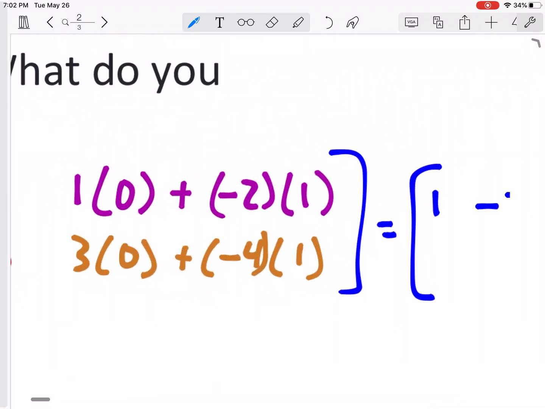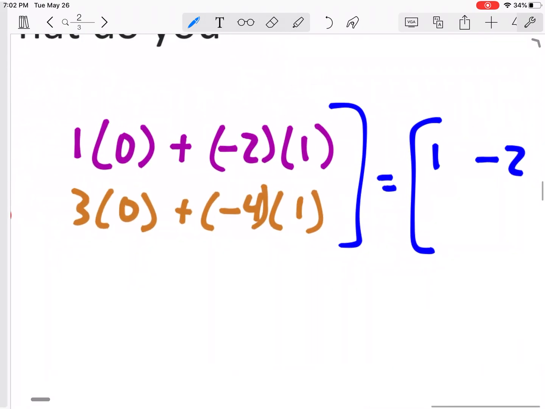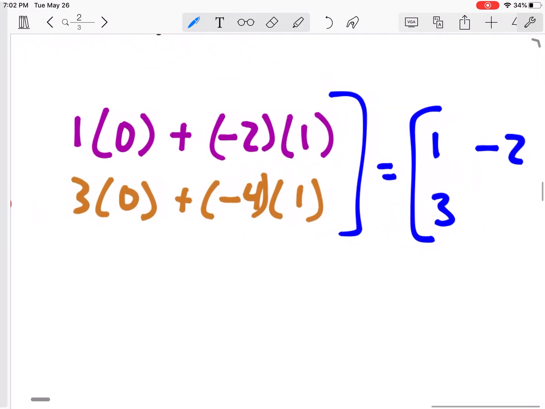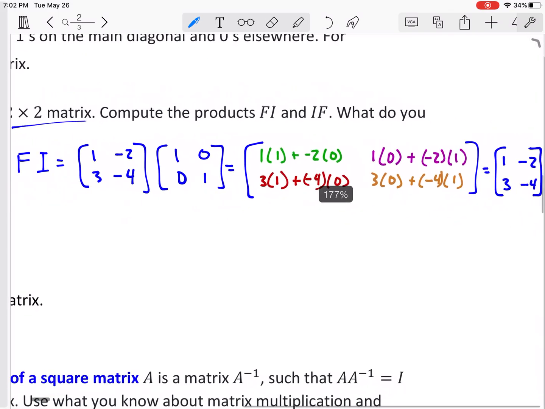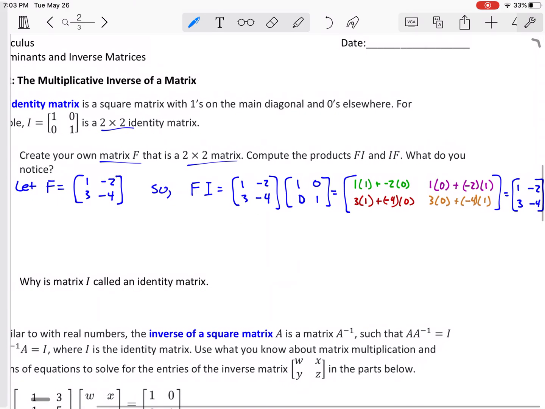That's right. 3 times 1 plus negative 4 times 0, it's 3. 3 times 0 is 0, plus negative 4 times 1 is negative 4. Hey, that looks pretty familiar. Hopefully you saw the same idea. Did this change? No, it's identical. After multiplying by the identity matrix, our answer stayed the same.